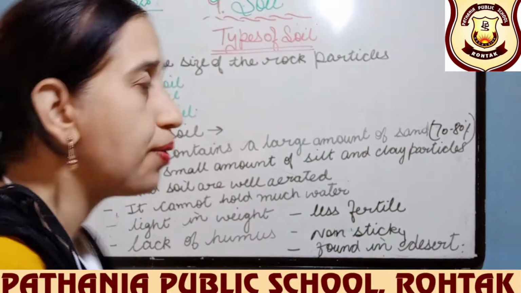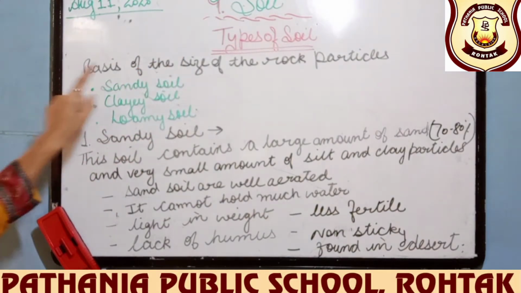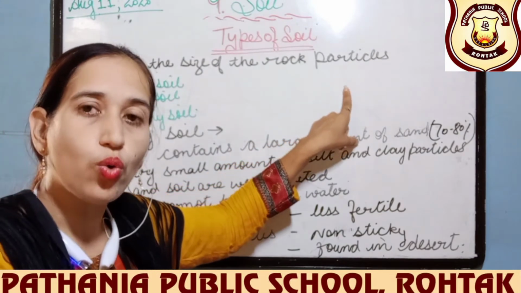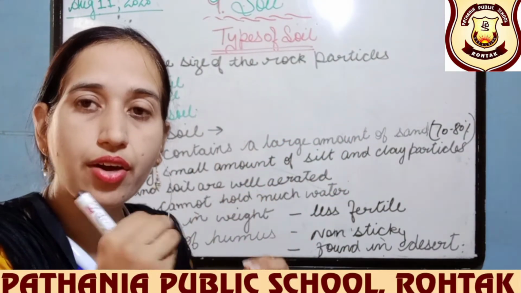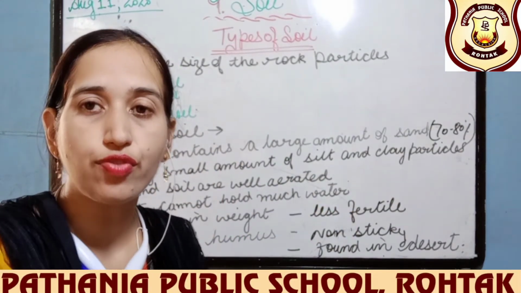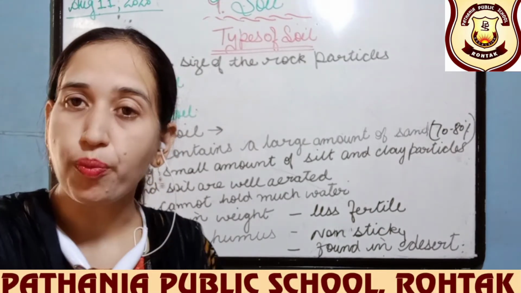So let's start. Types of soil on the basis of the size of the rock particles. As we know, rocks go through a weathering process and are converted into small particles, and soil is formed.